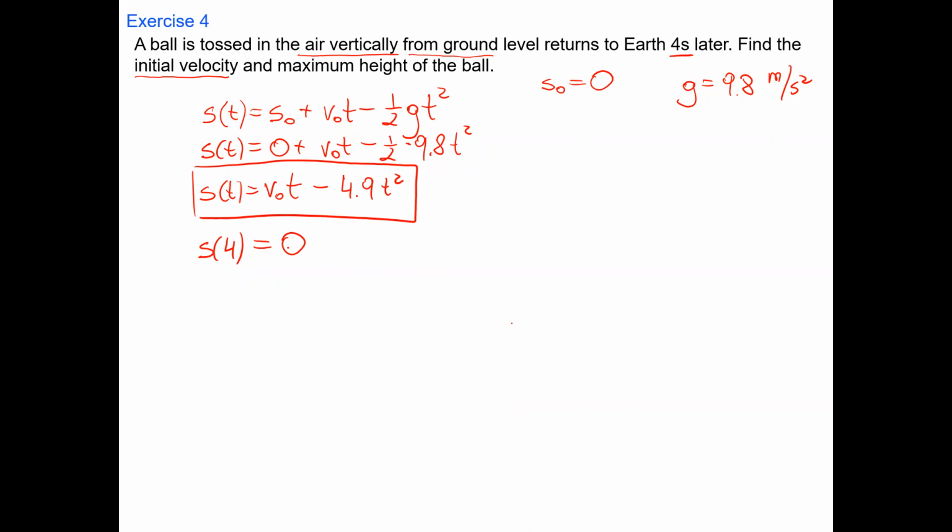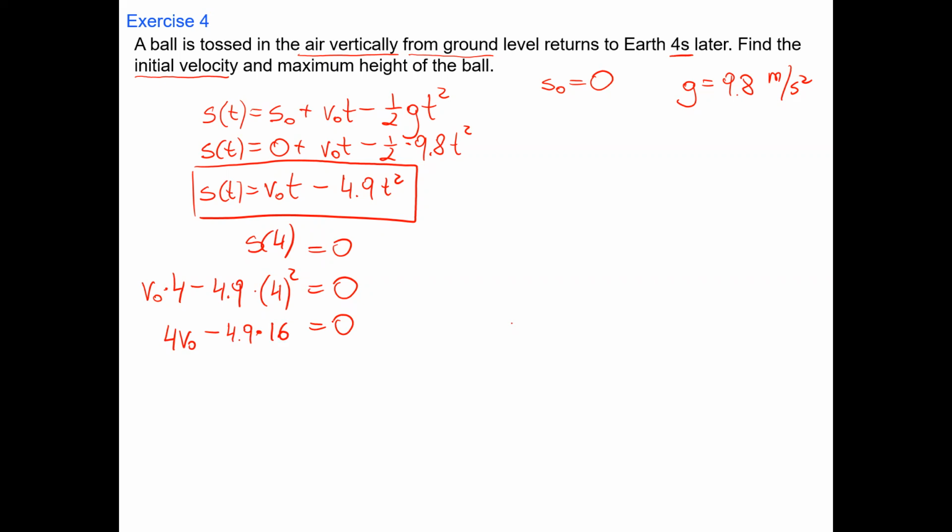Now I will take the equation and substitute 4 for t. So v sub 0 times 4 minus 4.9 times 4 squared equals 0. Then we have 4 v sub 0 equals 4.9 times 16, and let's solve this for v sub 0.